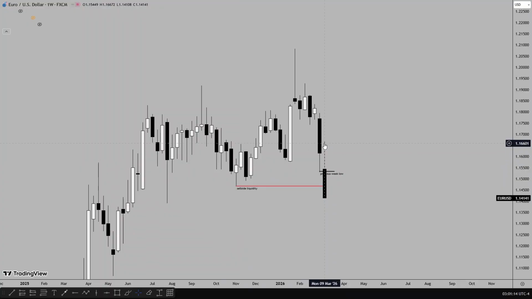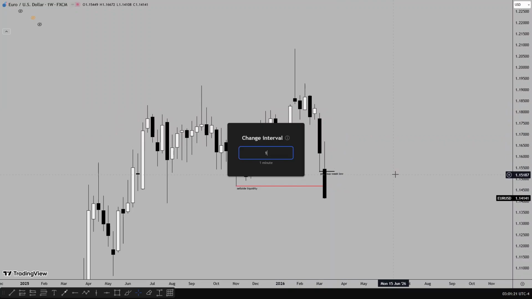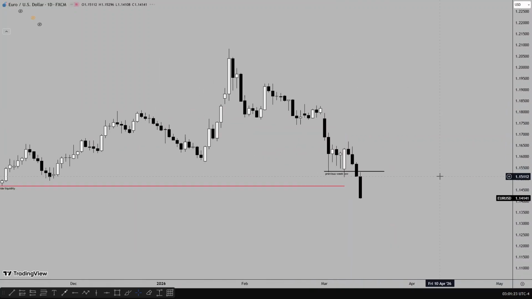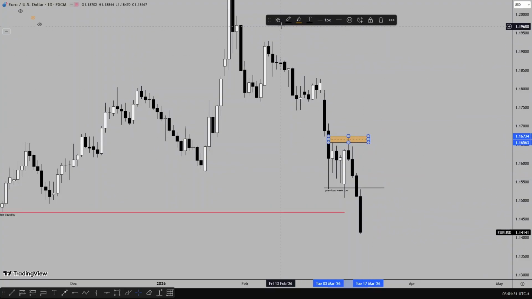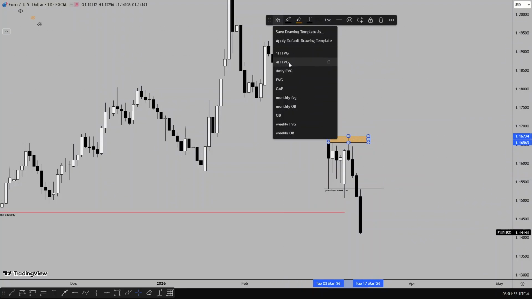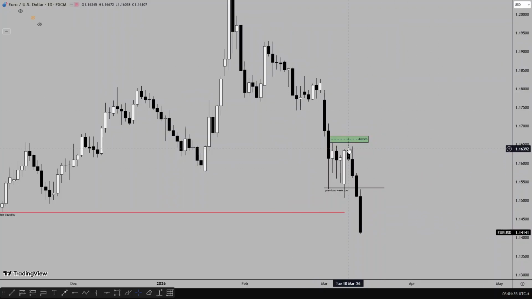Now during this retracement, price did not retrace to a weekly fair value gap, but looking at it from a daily perspective, you can see the price did the retracement to a daily fair value gap. You can see the retracement to the daily fair value gap, anticipating lower prices.